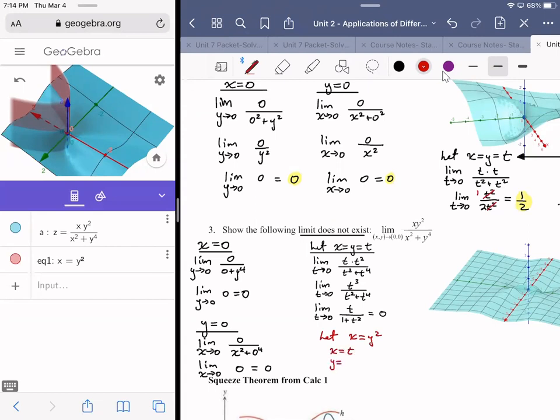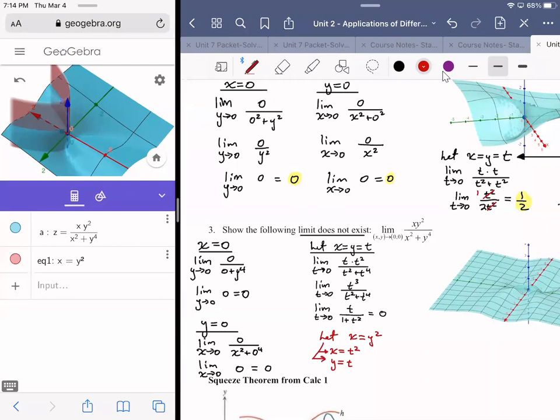y would be equal to, so if I'm letting x equal t, then y would be equal to t squared. Might actually want to go the other way, where I let y equal t, so I can let x equal t squared, right? So you could, if you want, it doesn't matter which one you let be equal to t. You've got to define your variables in some way.